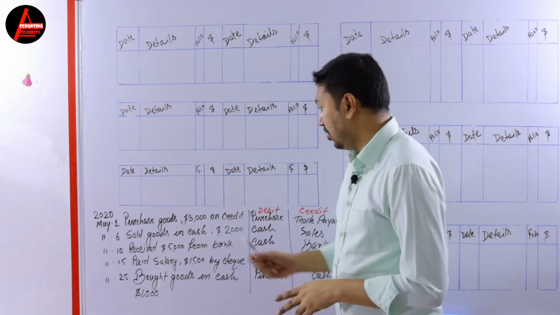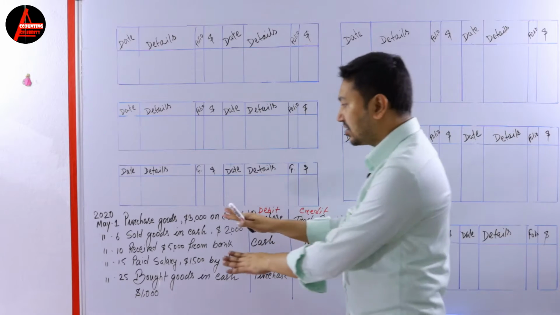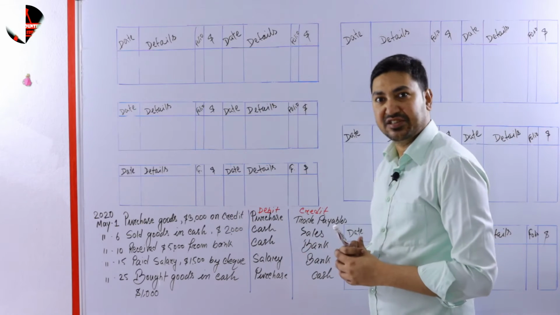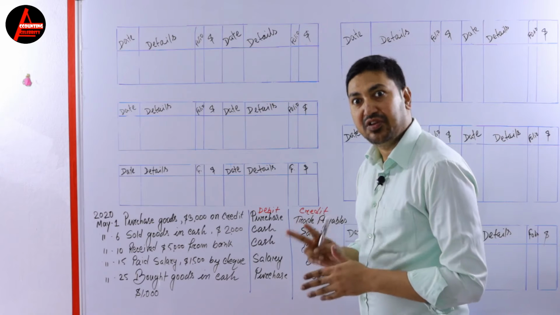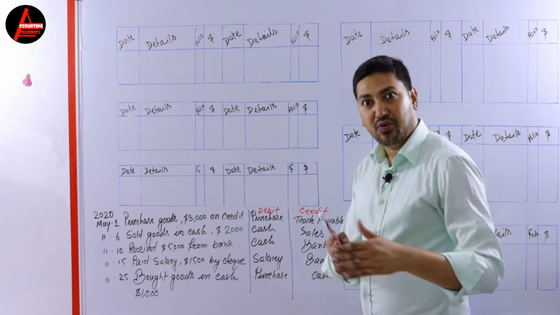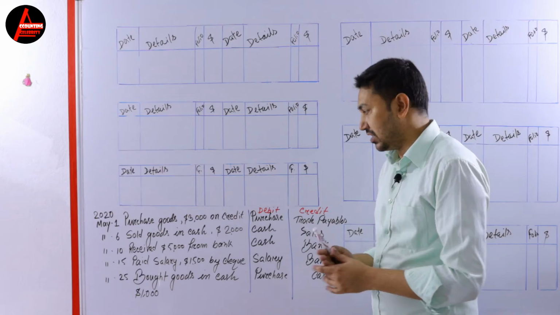Look here. There are 10 accounts from these 5 transactions. Every transaction has 2 accounts, one is the debit account, another one is the credit account. You already know this.